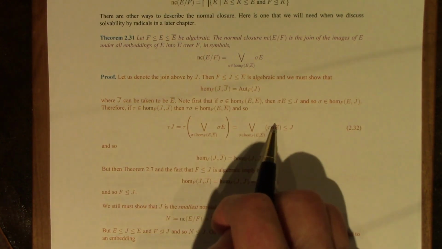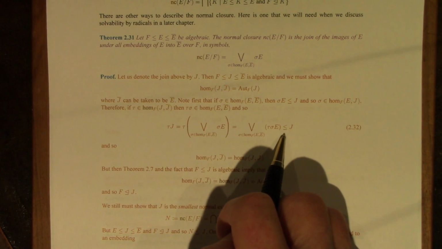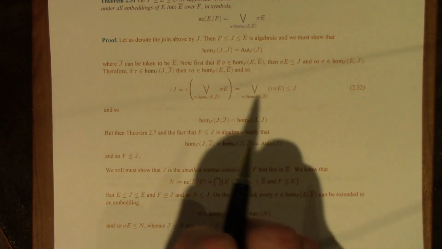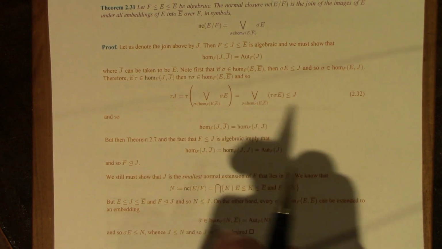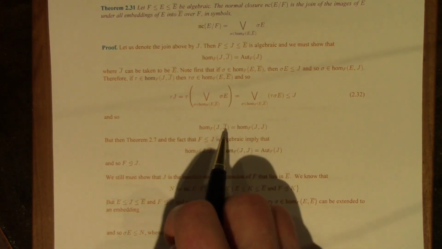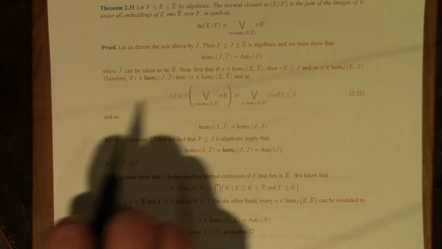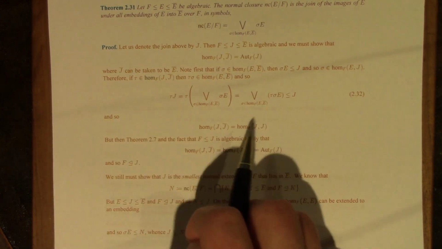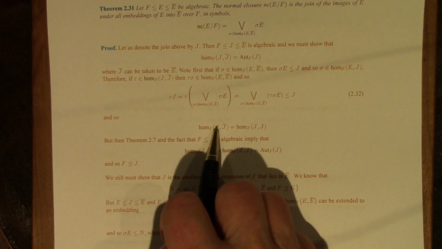They may be equal, but we're not sure. So tau maps J into J, and that's what this says. Any embedding of J into J bar, tau, actually is an embedding of J into itself. Of course, any of these is one of these.